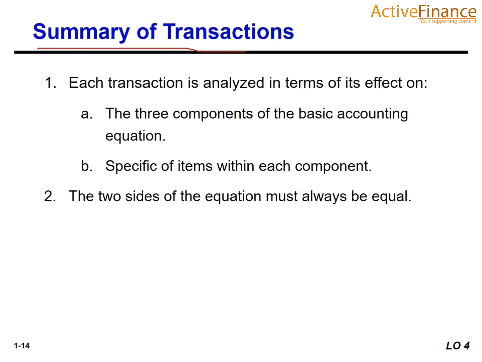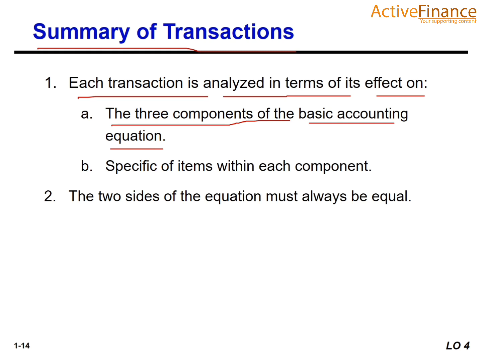Summary of transactions. We have to learn these important things. Each transaction is analyzed in terms of its effect on the three components of the basic accounting equation. So we have seen that there were three components involved in accounting.